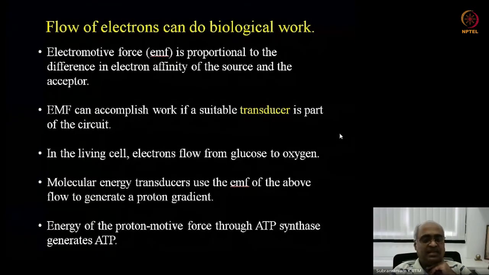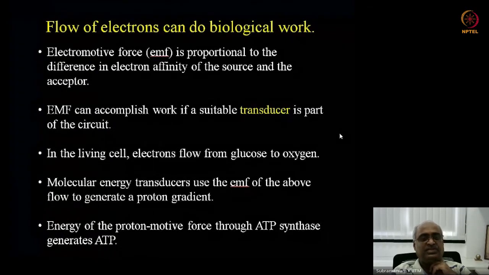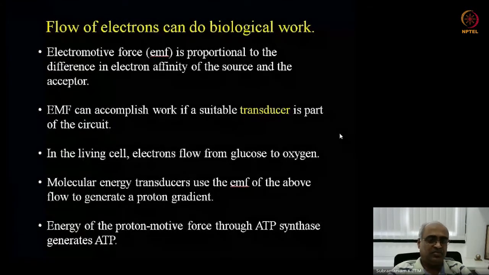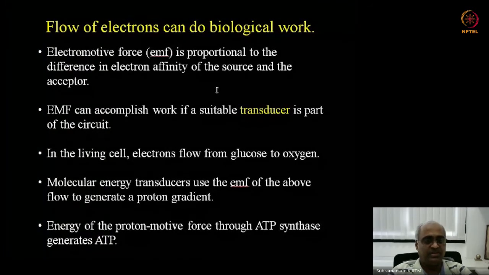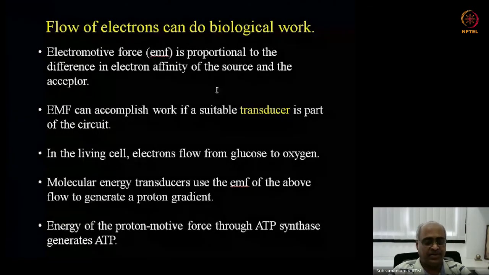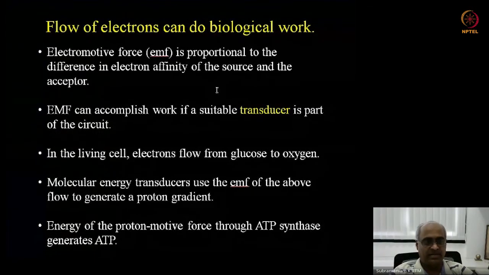This electron transfer will happen with a force equivalent to the difference in the relative electron affinity between these two molecules. This is what happens in an electrochemical battery.